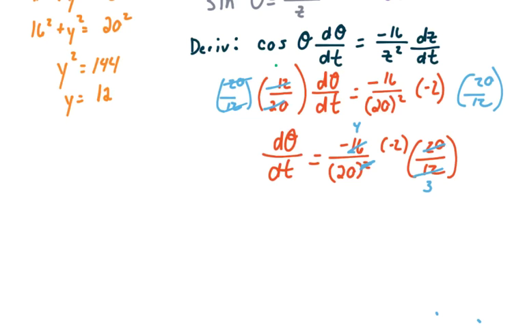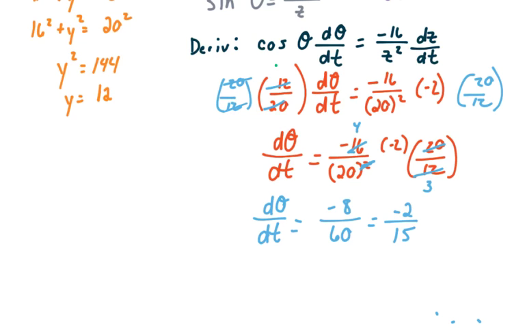And I would prefer to reduce before I multiply just because it's going to make it easier on me, especially if this is on a non-calculator section, which is very possible. So this would end up being, let me reduce this, negative 8 over 60. Both of those are divisible by 4, so it would be negative 2 over 15.